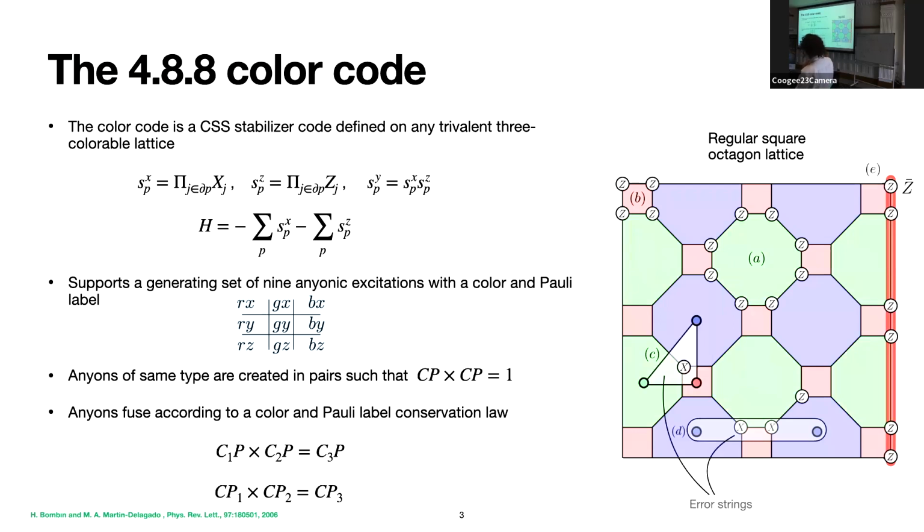If they have the same color and Pauli label, they'll fuse to vacuum. In that table over there, we have 9 bosons, and for each row and each column, pairs of them will fuse to the third one in that row or column. That corresponds to the conservation laws down there on the slide.